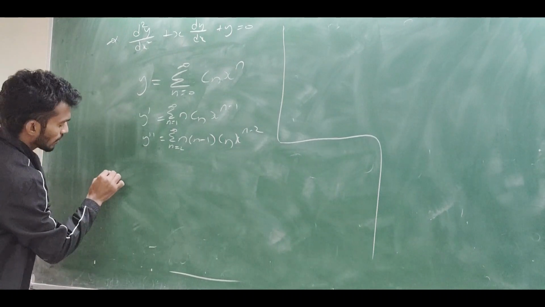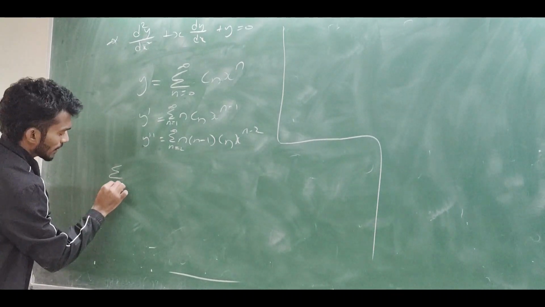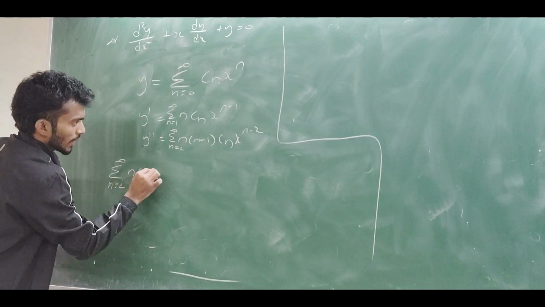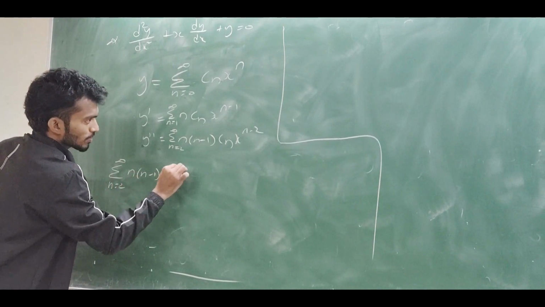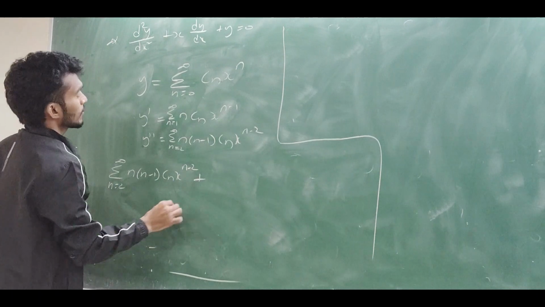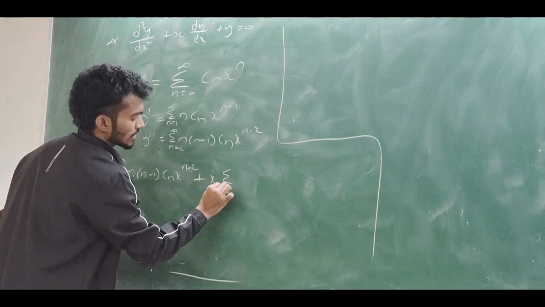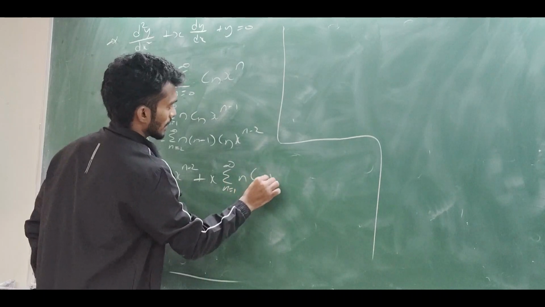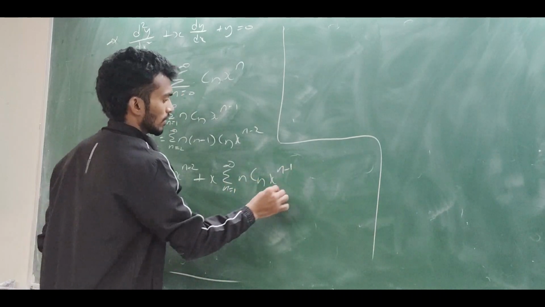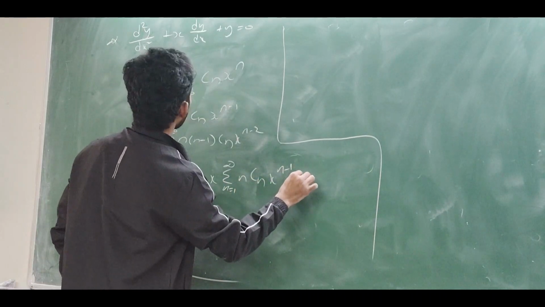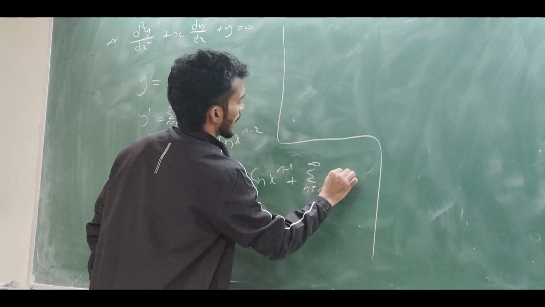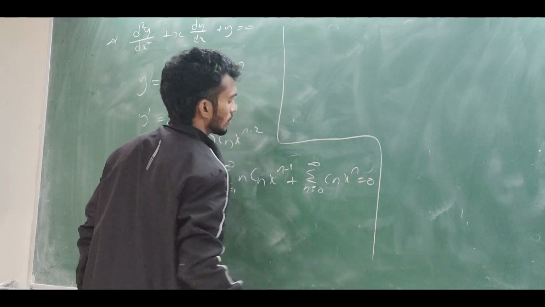So what do we get? Summation n equal to 2 to infinity n into n minus 1 c n x power n minus 2 plus x into summation n equal to 1 to infinity n into c n x power n minus 1 plus y, that is summation n equal to 0 to infinity c n x power n, equal to 0.